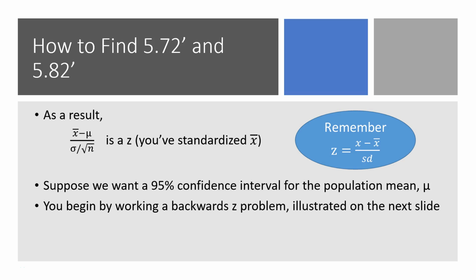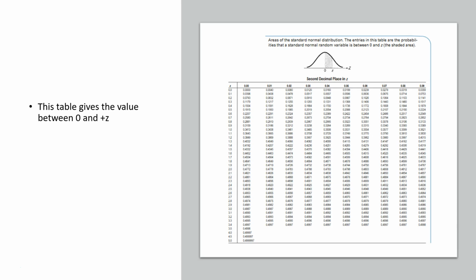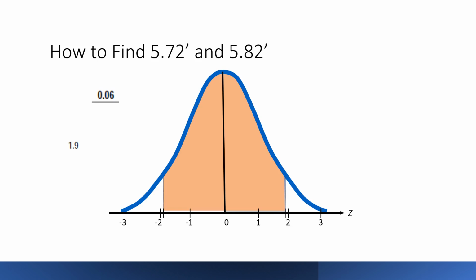Okay, so suppose we want a 95% confidence interval for that population mean. We're going to start working a z problem backwards. We have our z table, and this is going to give us our values between 0 and positive z. So we draw our picture. The area in red is going to represent 0.95 because we're finding the 95% confidence interval.